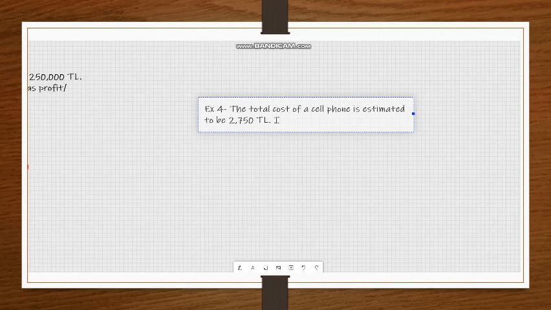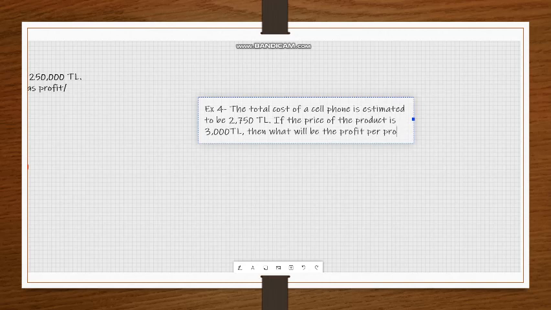If the price of the product is 3,000 Turkish lira, then what will be the profit per product?